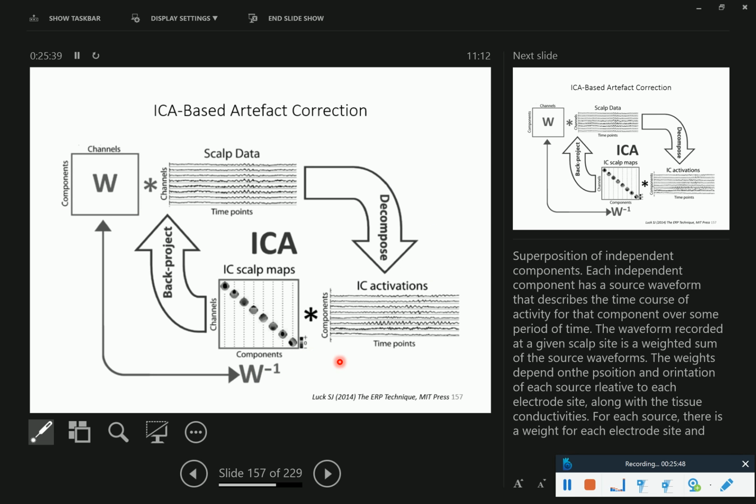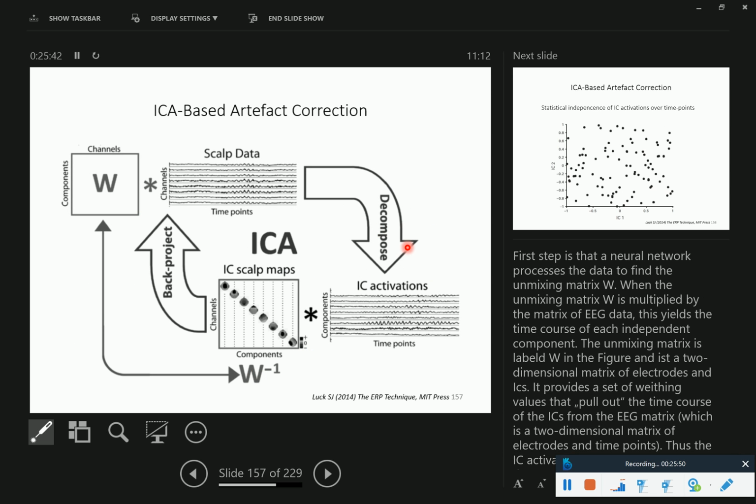The first thing that is really confusing is how many components you get from a certain recording set. You get as many independent components as you have recording channels. So for example, if you have 64 electrodes, you get 64 independent components.